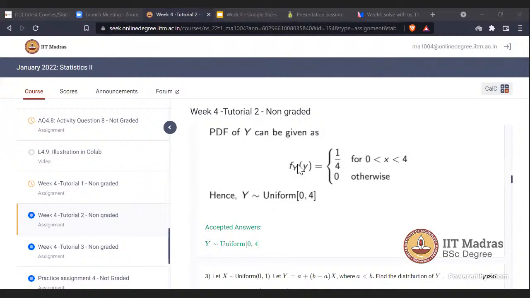But would the general thing work if the original distribution of x is uniform between 0 to 2 and y equals x square or x cube, whether the resultant would be uniform or not? That would depend, we have to check. But as long as it's linear, I can say that it's a multiplier of whatever the original one is. Okay, thanks.